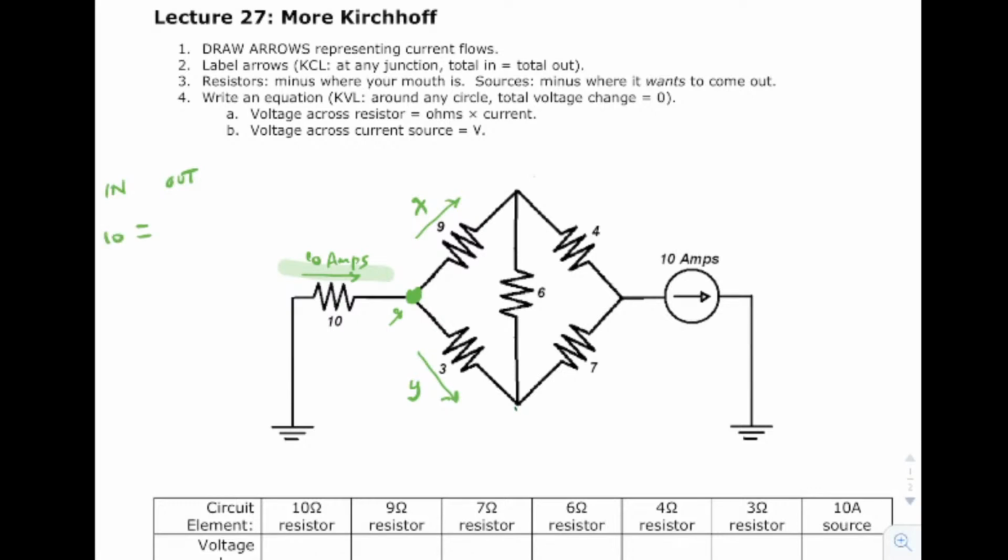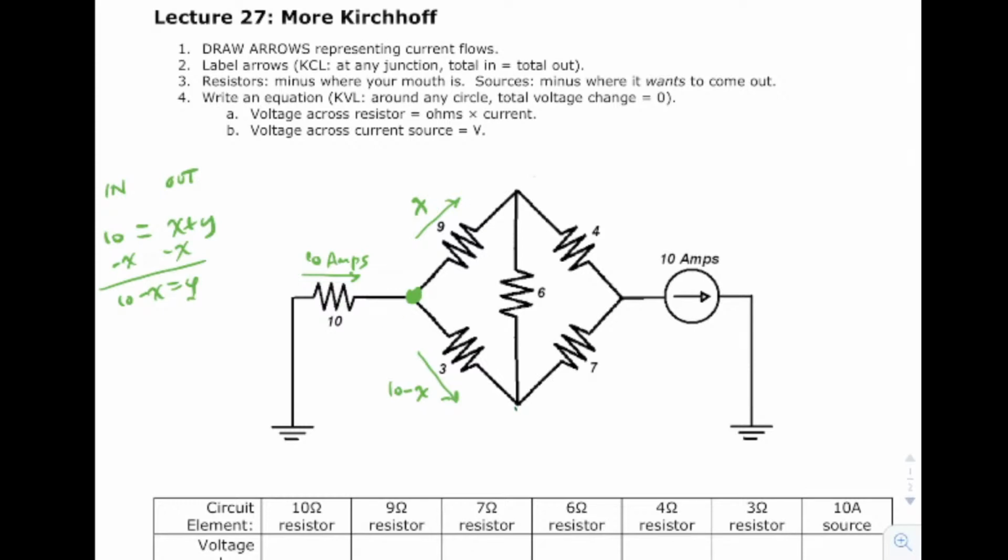Going out of this junction is X and Y both. So notice I don't have to label this with a Y because I can rearrange this equation, subtract X on both sides, and say, well, the Y has to be the same as 10 minus X, so why don't I just do that? I'll label this as 10 minus X.